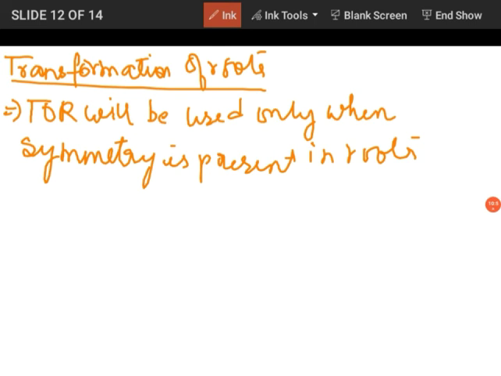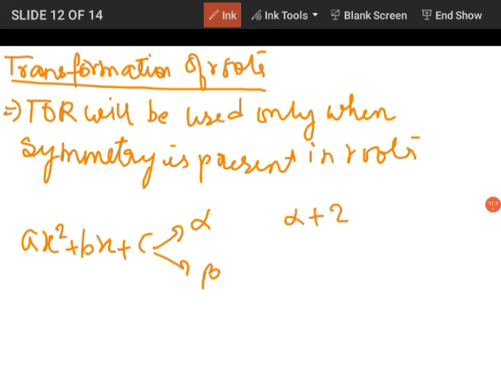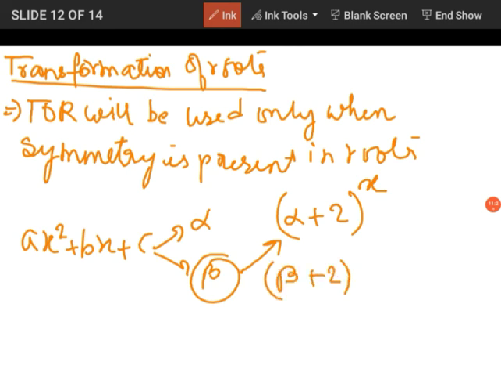To tell you very simply, say a general equation ax square plus bx plus c has alpha and beta as the roots. If alpha and beta are symmetric roots, then whatever happens with alpha will also happen with beta. For example, if I add 2 to alpha and then raise it to the power x, then with beta the same thing will happen. That is, with beta we'll also add 2 and then again raise to power x.